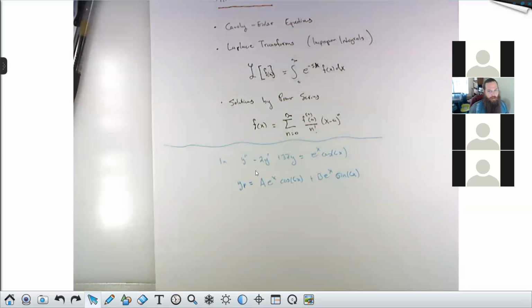Remember, if your complementary solution looks like the right-hand side, then you're going to have to introduce x terms here. That was that kind of weird thing, right? Where everything vanishes and you're like, what did I do wrong? Because if your complementary solution is like e to the x cos 6x, which it might be depending on the roots of the associated polynomial, you may need to put some x's in front of each of these. Does that make sense?